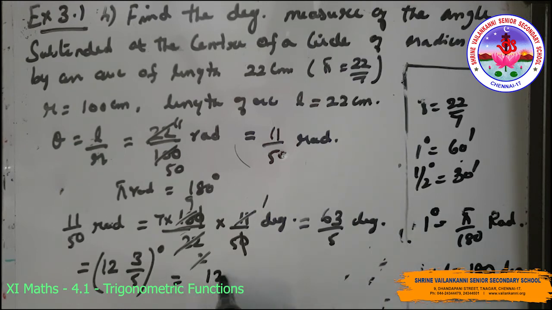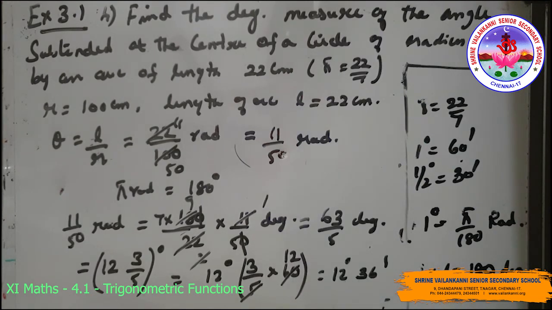So which is equal to 12 degree, 3 by 5 degree into 60. That is 1 degree, which is equal to 60 minutes. So I am converting 3 by 5 degree into minutes. So 3 by 5 into 60. So 5, 12 times. So 12 into 3, 36. Hence the angle formed by arc at the center is 12 degree 36 minutes.